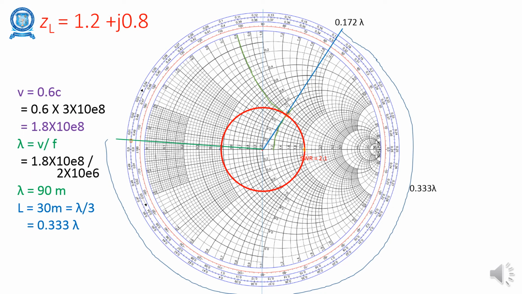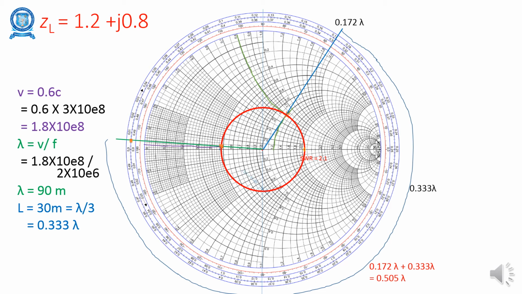Then we get 0.172 lambda plus 0.33 lambda, which is equal to 0.505 lambda. This is the new lambda value on the wavelength scale.